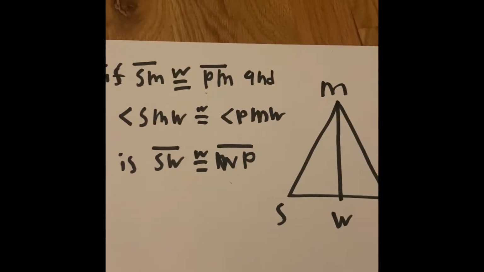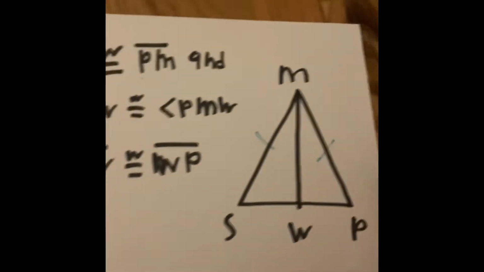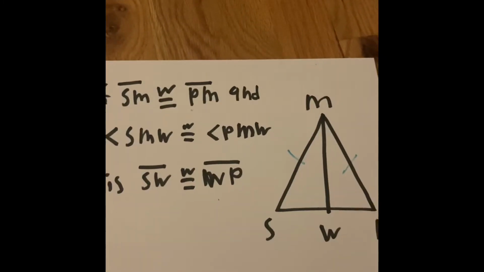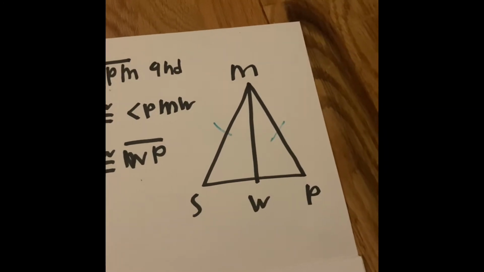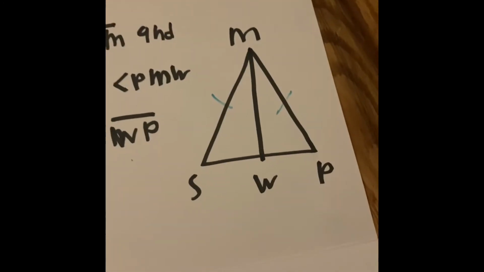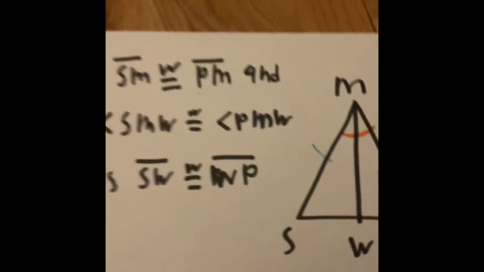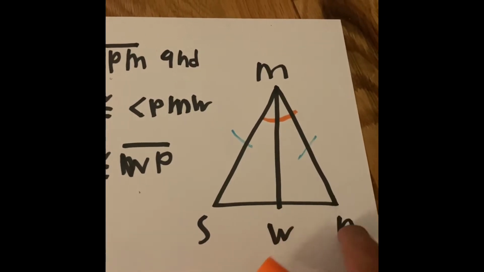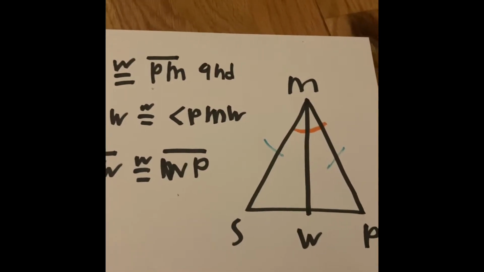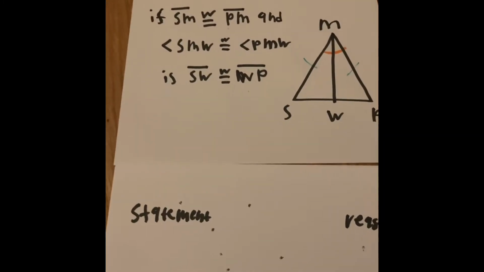So if SM and PM are congruent, and angle SMW and angle PMW are congruent, so these two are congruent. Is SW congruent to WP? So that is what we're trying to figure out. So let's rewrite the problem and see where we can get at it.